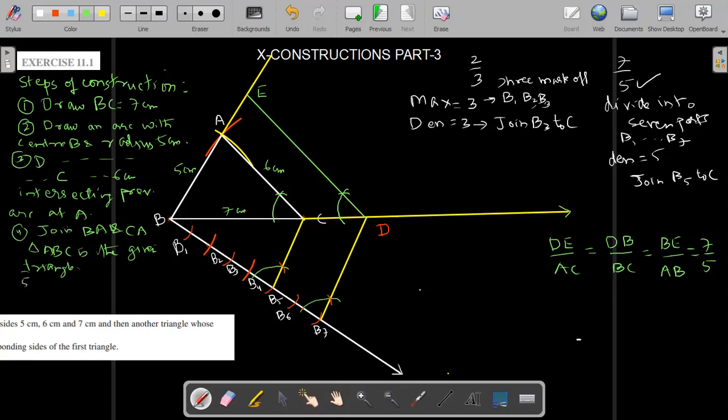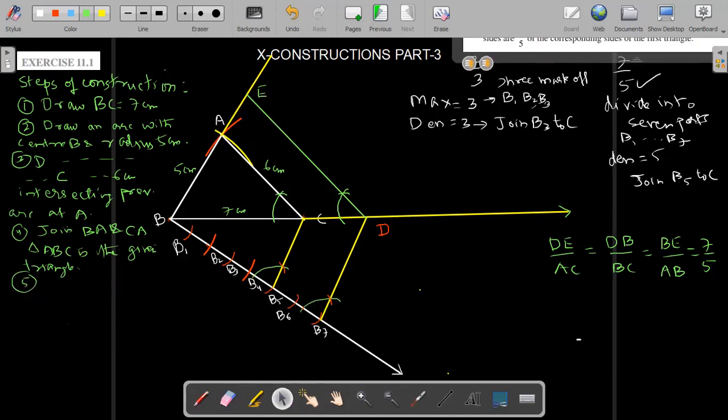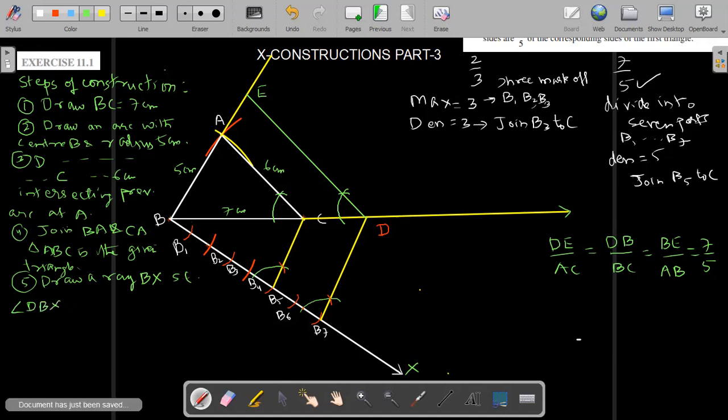Okay. Then fifth step, draw a ray BX such that angle CBX is an acute angle.